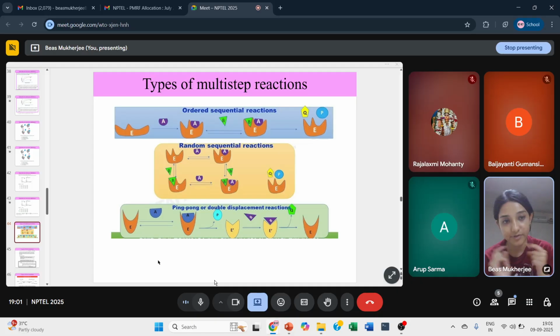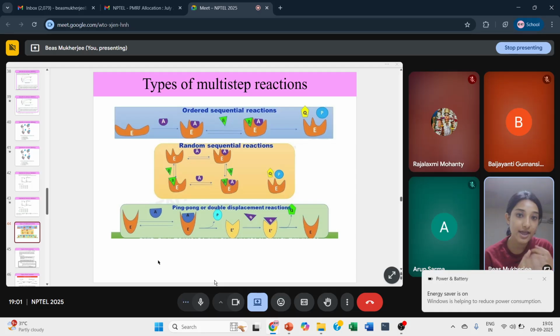That is random sequential. Then comes ping pong bi-bi. The substrate binds to the enzyme and is converted into product. Now the product is actually a substrate for another enzyme, and it binds to that enzyme and gets converted into another product.